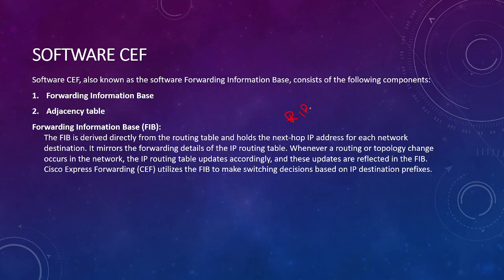RIB is the routing information base and FIB is the forwarding information base. Whatever the output is here is derived from the RIB only. When you see show ip route, you can see maybe 2 or 3 routes in the RIB, but only the best route will be installed in the FIB. So the FIB is more important for switching the traffic.